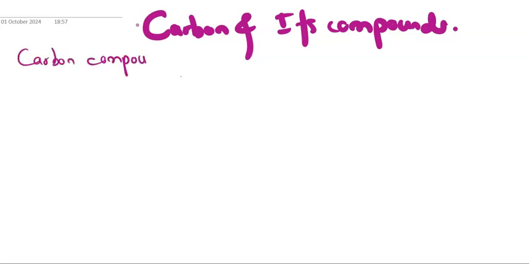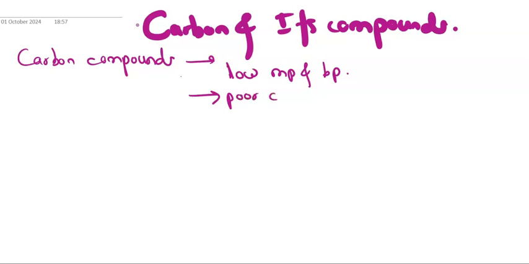Carbon compounds show low melting points and boiling points, and they also show poor conductivity towards electricity.